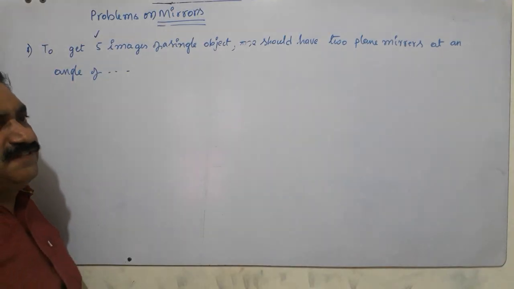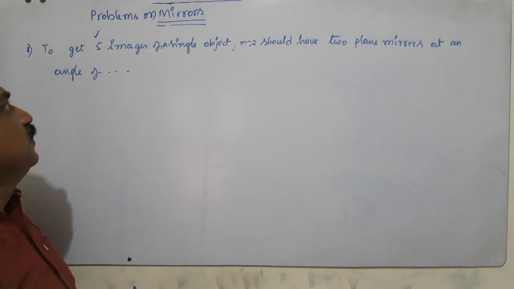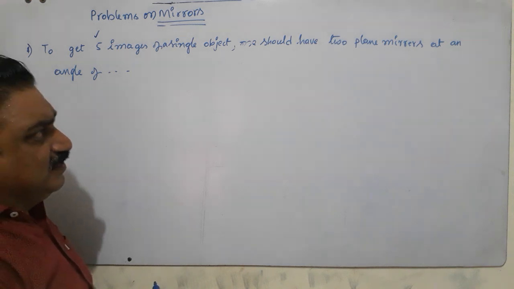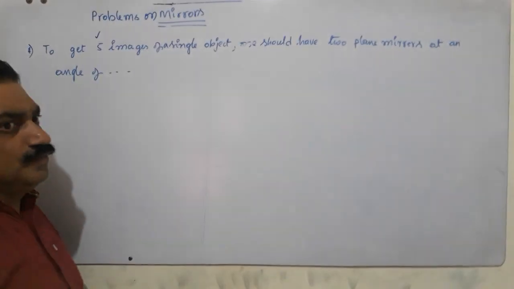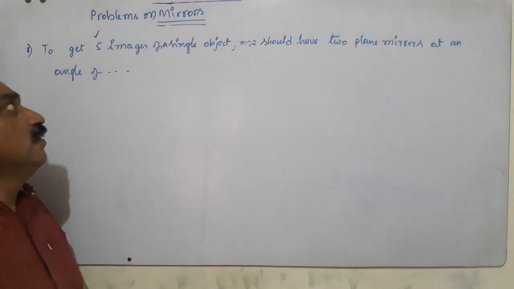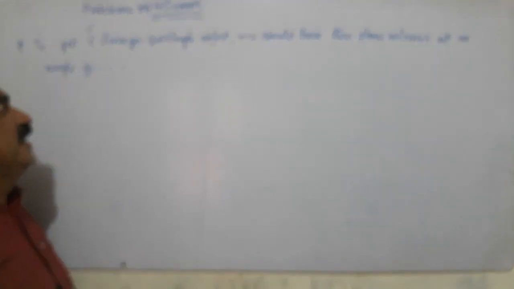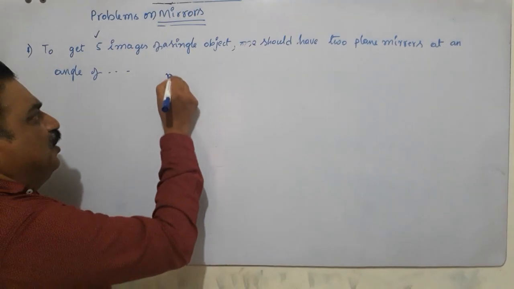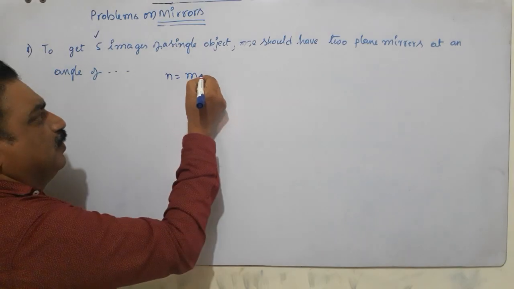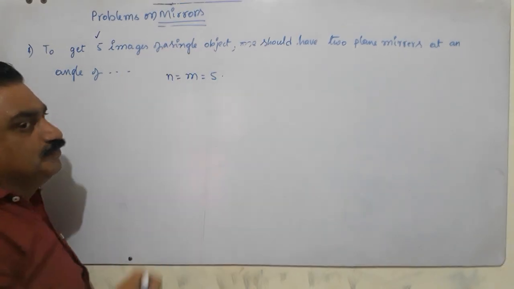In such a case, for any position other than the bisector, n equals m, that is equal to 5.